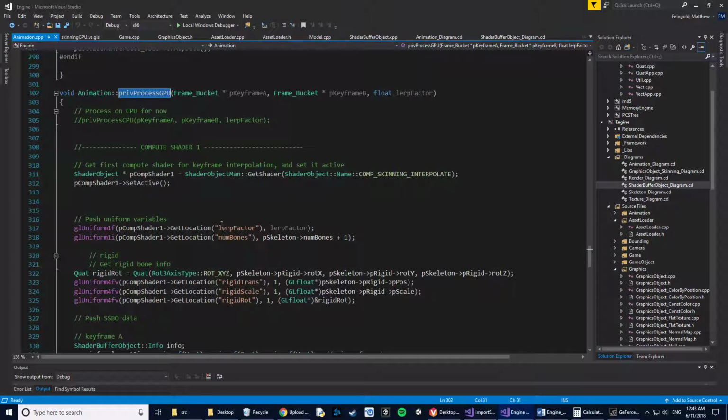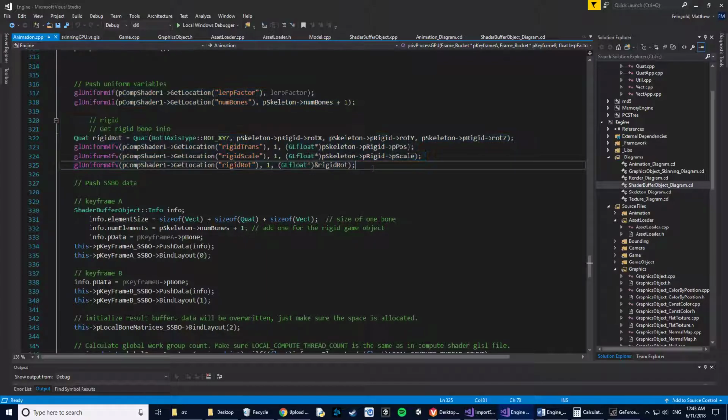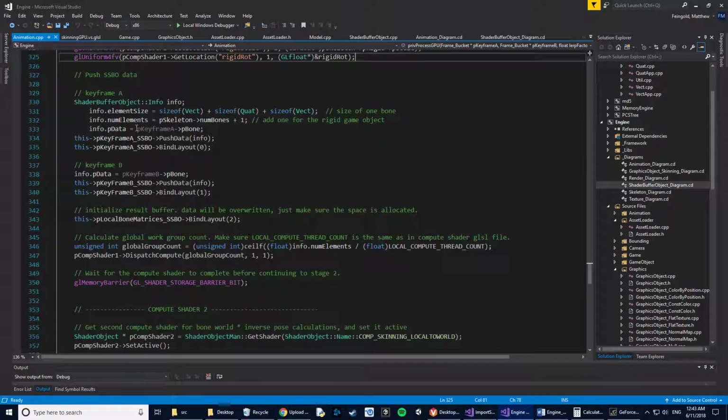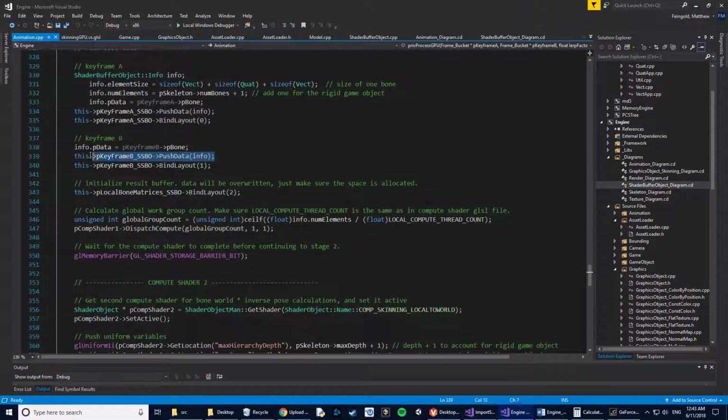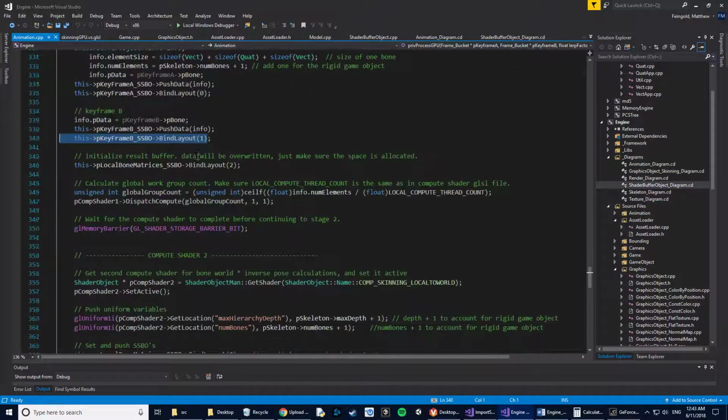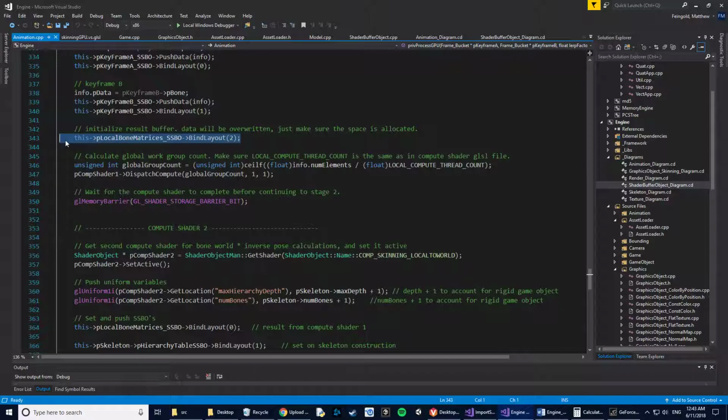And on the GPU, I just pass in a couple uniforms here, and then I am able to bind or push my data for keyframe A and bind it to layout 0, and push my data for keyframe B, bind it to layout 1, and then I bind this local bone matrix output buffer, which I push empty, like 0 data, into on construction of the animation object so that it's ready to go.